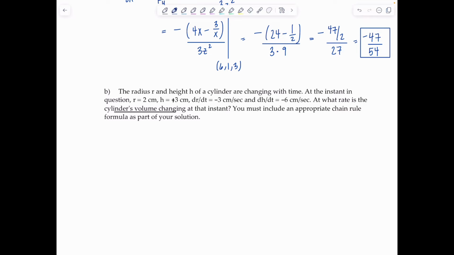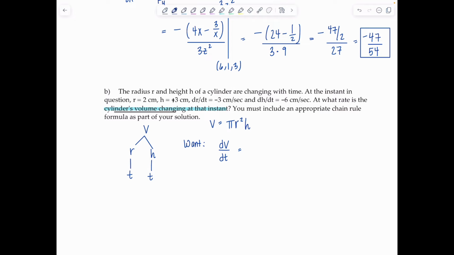So volume of a cylinder is given by pi r squared h. So V is a function of r and h. However, r and h are only a function of t. So when they want the rate of change of the cylinder's volume, that is not a partial derivative. They want dV dt, which will not be a partial derivative.